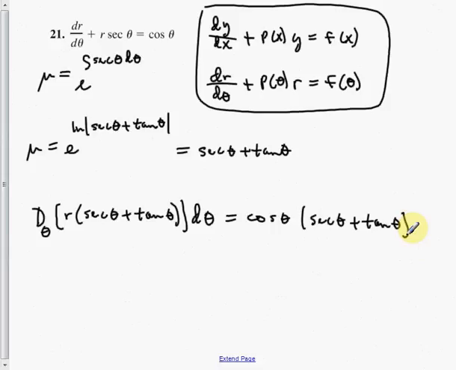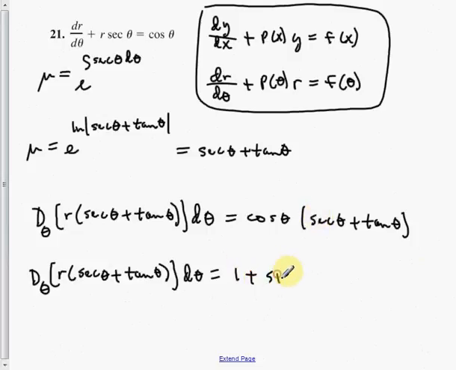Simplify that right side, because secant is 1 over cosine and tangent is sine divided by cosine. So what I have is the derivative with respect to theta of r times secant theta plus tangent theta is equal to 1 plus sine theta.